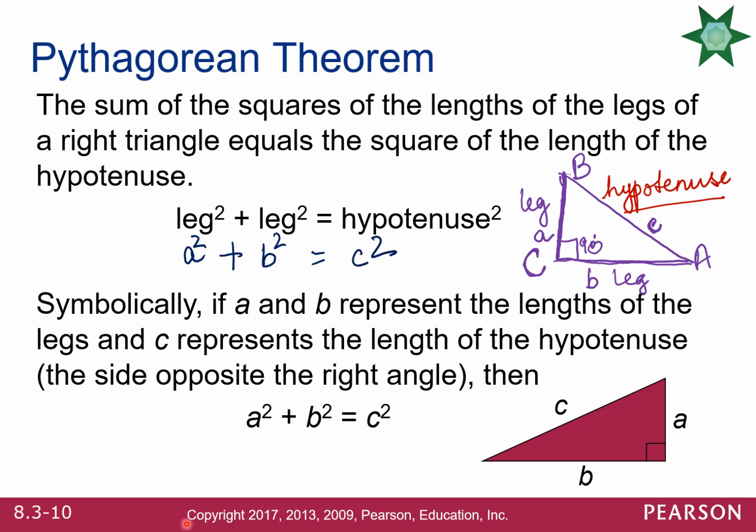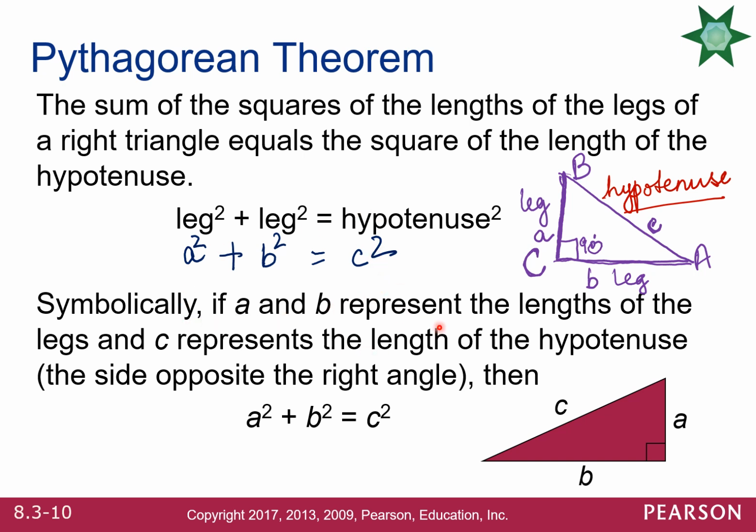And that is the famous Pythagorean theorem: the square that you build on side A plus the square that you build on side B will be equal to the square built on side C. All right, A squared plus B squared equals C squared.